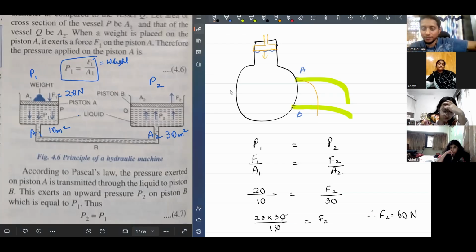Now, what's the weight of the car? A car is like 1,500 kgs. To lift a car of 1,500 kgs, they don't need a motor so strong that will lift 1,500 kgs. No, they just need a motor that can lift maybe 100 kgs. And they make this hydraulic machine in such a way that a 100 kg force can lift a 1,500 kg car. How do they do that?